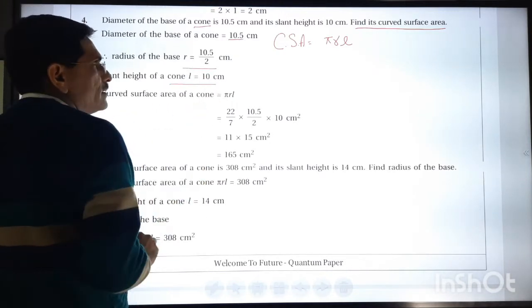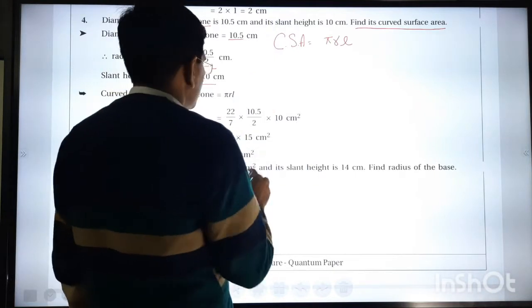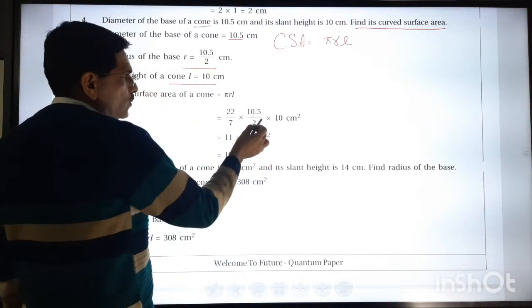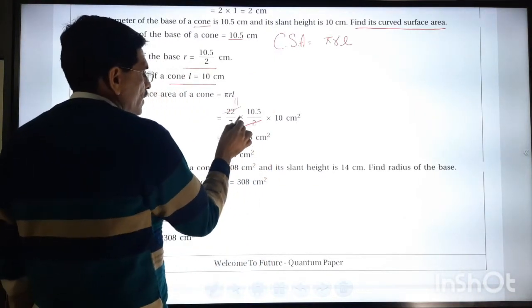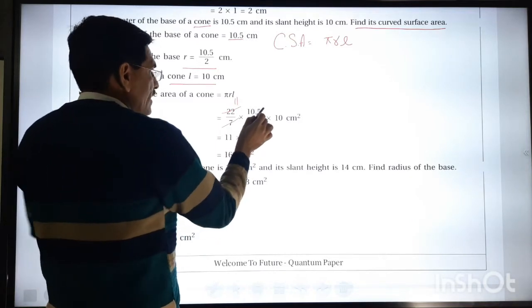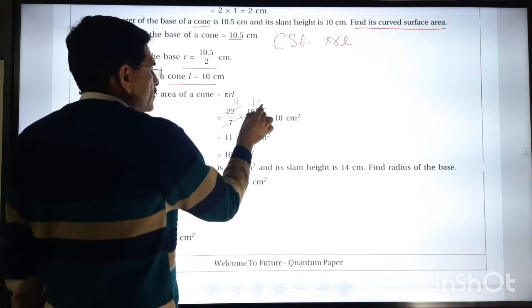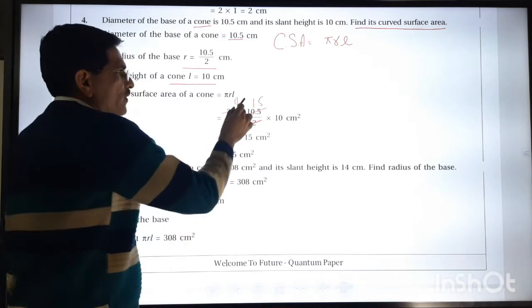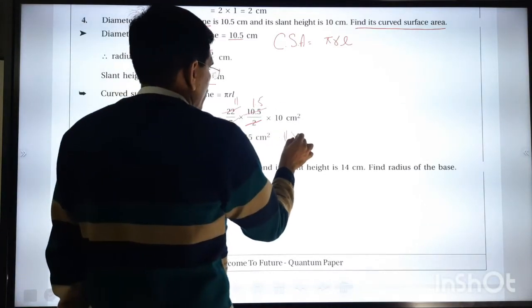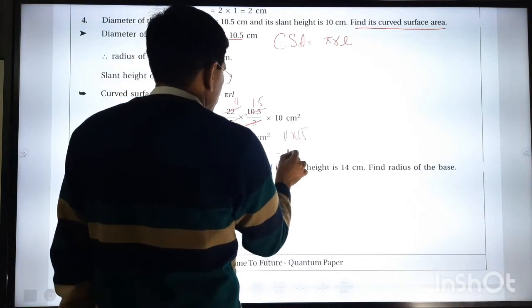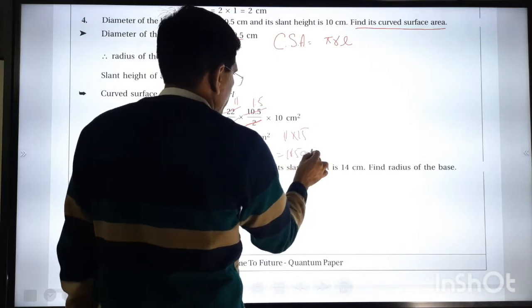The slant height is given. If we put it directly here, see that 2 11s are, if I make cancellation, then 1.5. 15 tens are. So 11 multiplied by 15, the answer is 165 centimeter square.